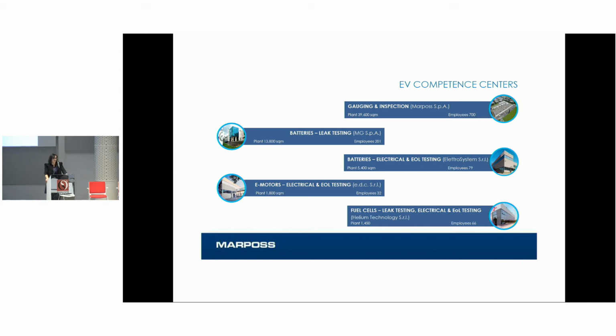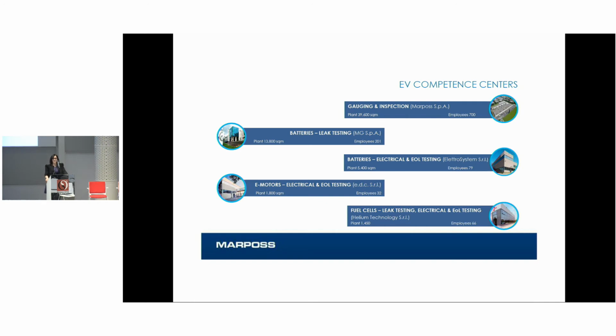For this reason, in Marposs there are several companies that can give you solutions for gauging and inspection in our headquarters in Bentivoglio, or leak testing for battery solutions in MG company that is located in Brescia, or for all that concerns the electrical testing of battery systems, so module, pack, or just battery cell level, in Electrosystem.